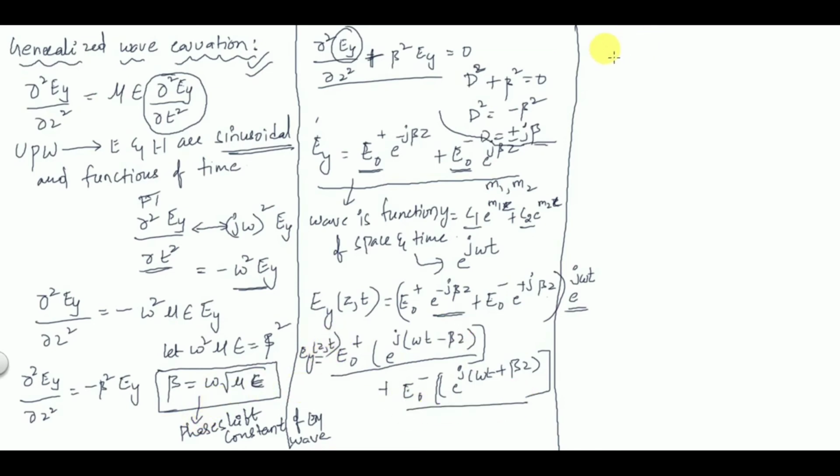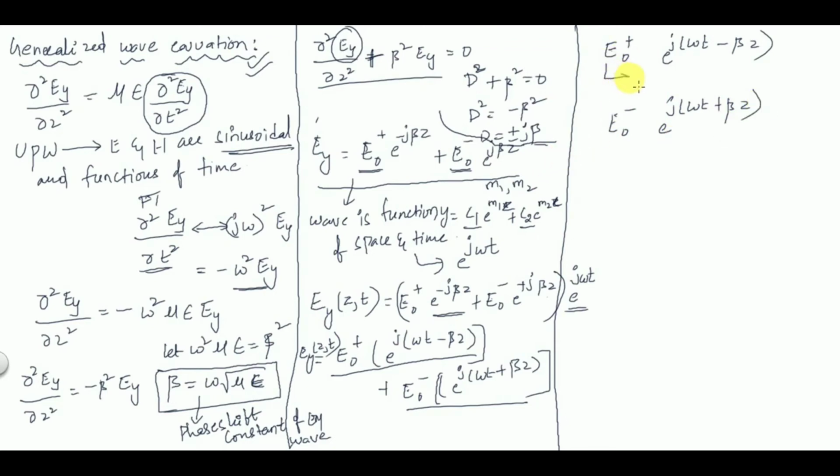In this equation, the first term is E naught plus into e power j into omega t minus beta z, and the other term we have got is e power j into omega t plus beta z.